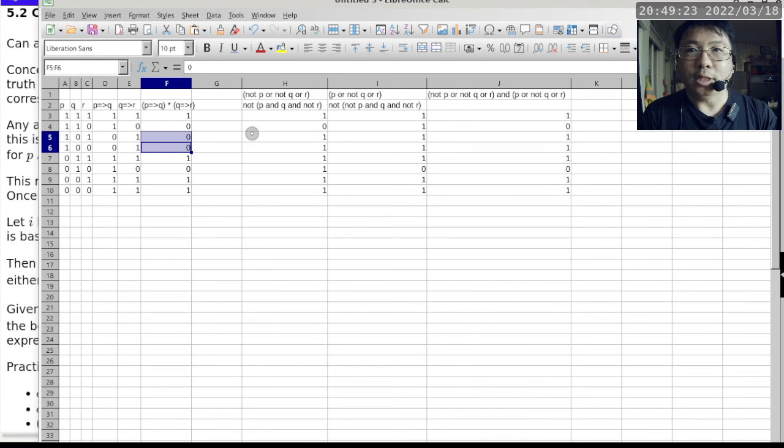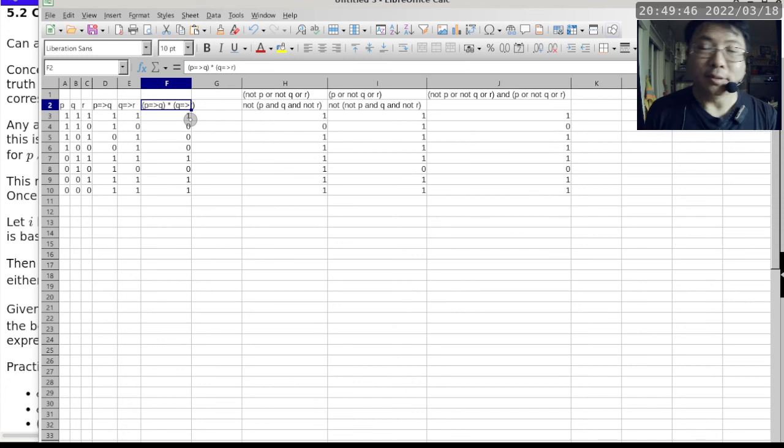But if I just have two more terms, one term to address this one and one term to address that one, then I can make a CNF that expresses exactly the same truth table as the original Boolean expression.